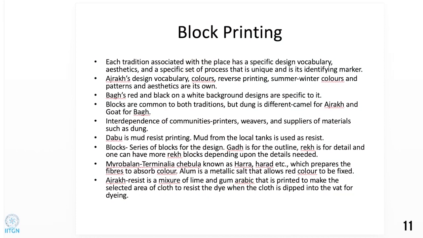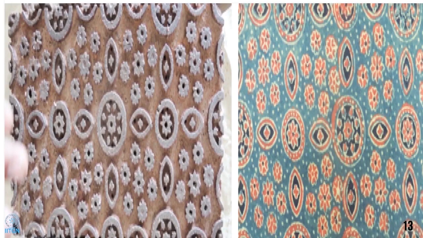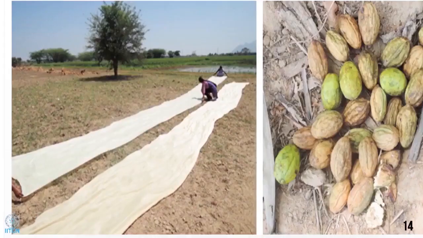This is Ajrakh. On the left side is the block, on the right side is the design. The first process they have done is they have washed it. You see the water body there at the back, and you see this plain field. For block printing to be done, you need spaces, you need facilities. So water bodies, you have banks where you can dry the cloth. On this side is hara, again a natural tannin agent.